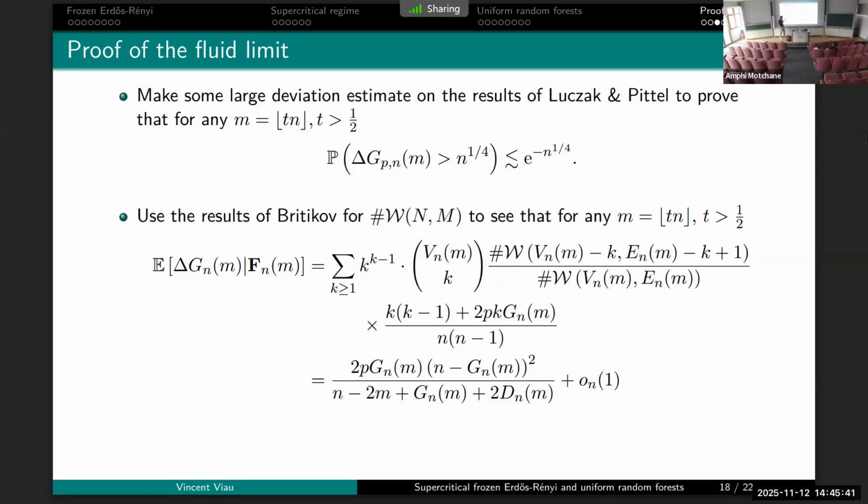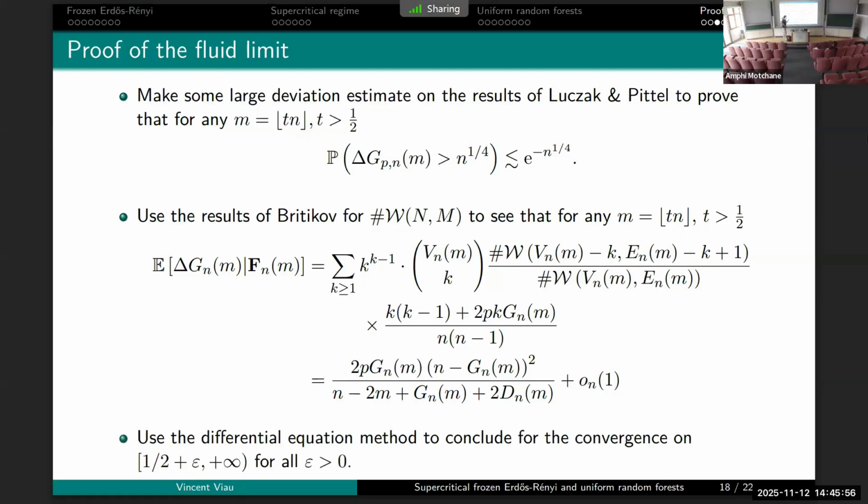And this expression is actually exactly the expression we wanted in the differential equation we presented before. So we can simply apply the differential equation method, so the general limit theorems for convergence of such processes, on every interval which looks like 1/2 plus a small epsilon to infinity. And we've got our convergence result and our fluid limit for the quantities G and actually also for D.